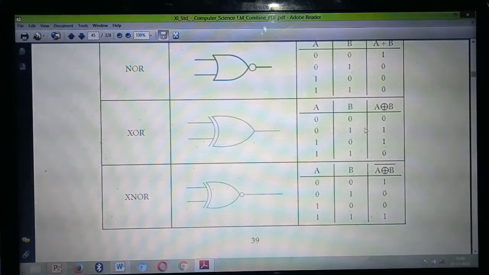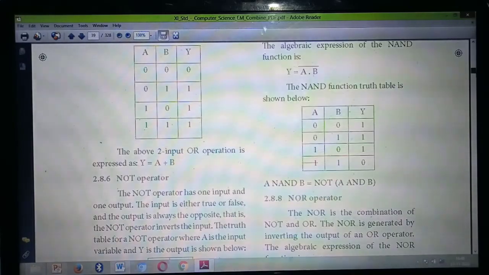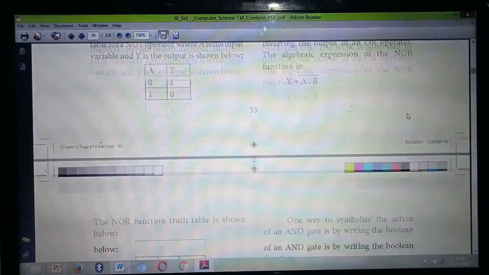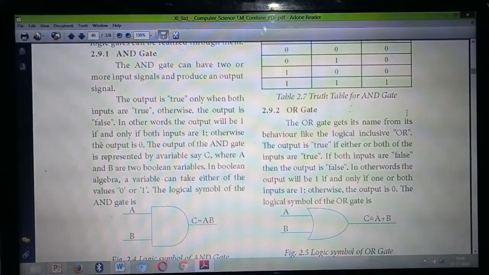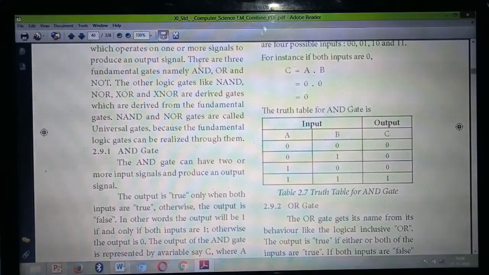Then, the detailed question, first one, take page number 34. Explain the fundamental gates with example. What are the fundamental gates? AND gate, OR gate and NOT gate. So first you write this one: there are 3 fundamental gates, namely AND, OR and NOT, till NOT.